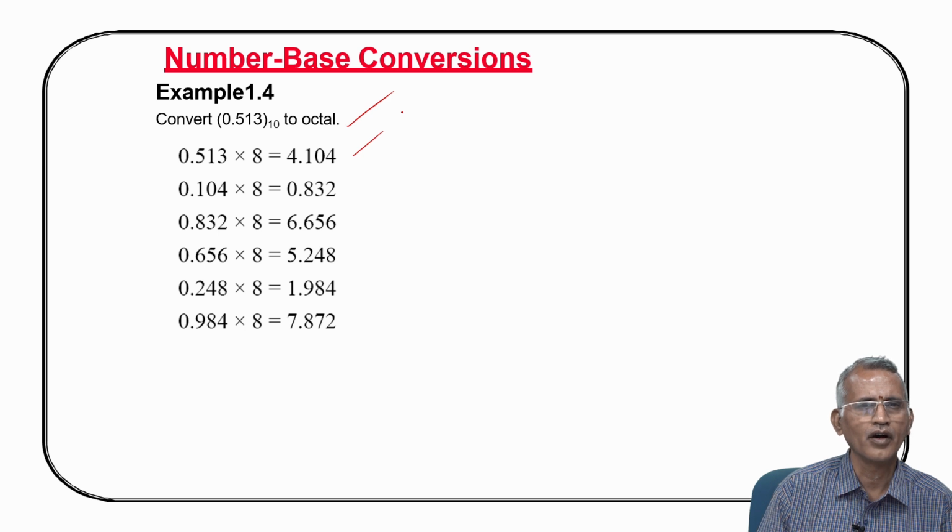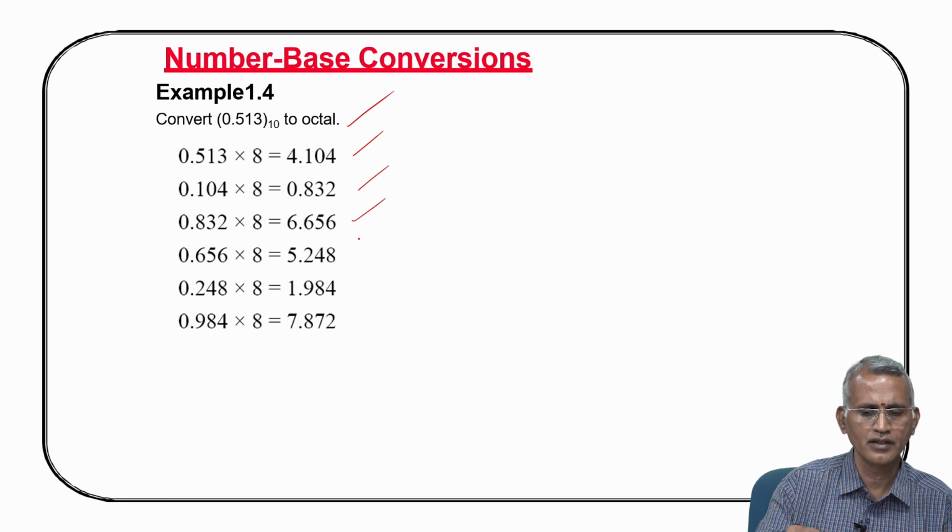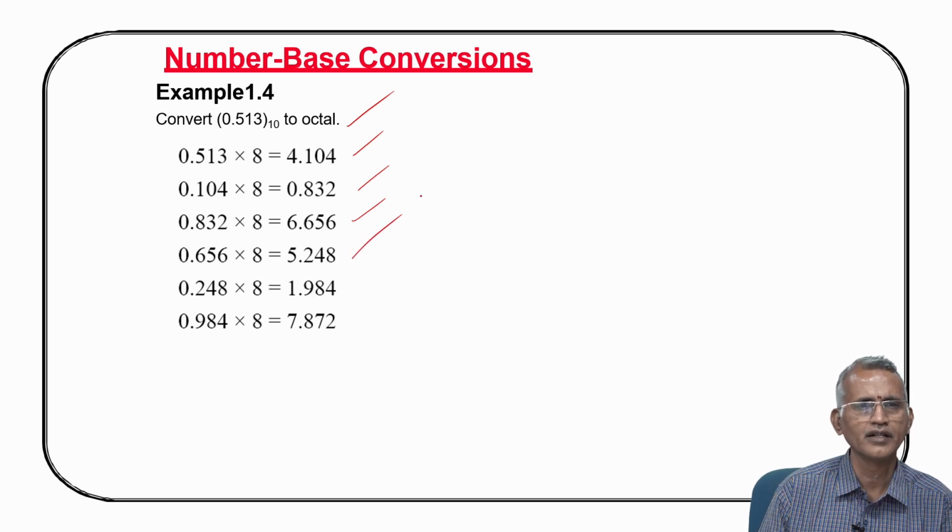You take 0.104 times 8, so that 0.832 will come. Multiply 0.832 by 8, so that 6.656 will come. Here the integer is 6 and the decimal is 0.656. Multiply 0.656 by 8, so the result is 5.248, the integral part is 5 and the decimal 0.248.